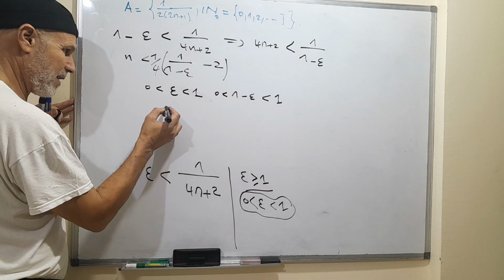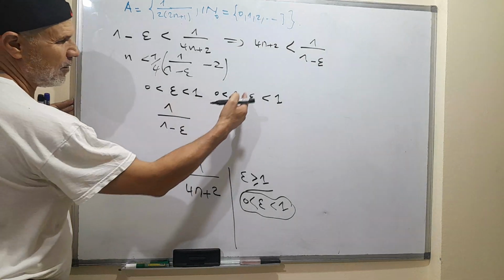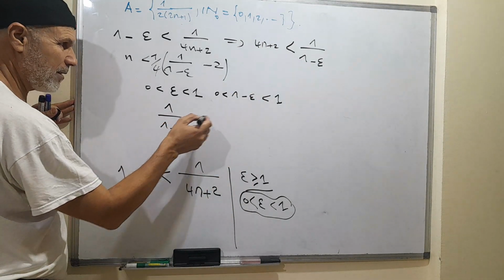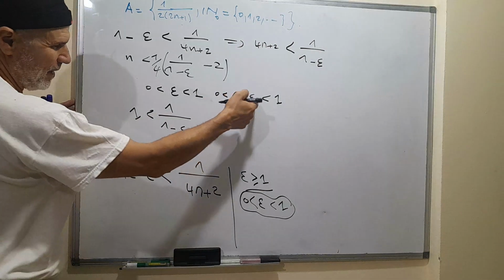We take the inverse: 1 over 1 minus epsilon is greater than 1.